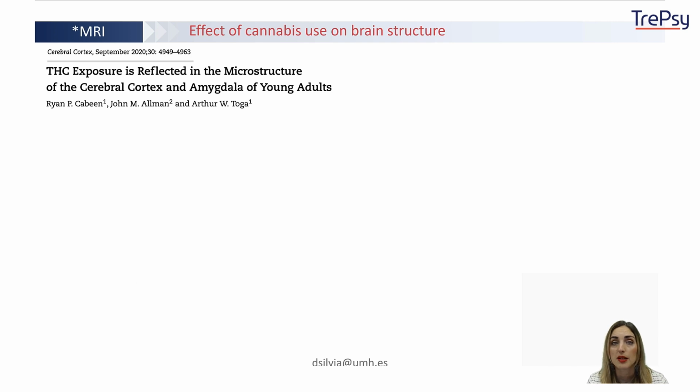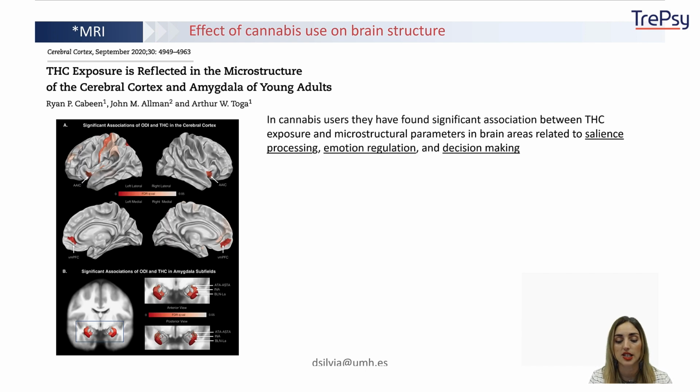On the same line, by looking at differences in structure, I would like to discuss this quite recent paper about THC exposure, looking at the microstructure of the cortex and amygdala of young adults. The authors found a significant association between THC exposure and microstructural parameters in brain areas that are related to salience processing, emotional regulation, and decision making.